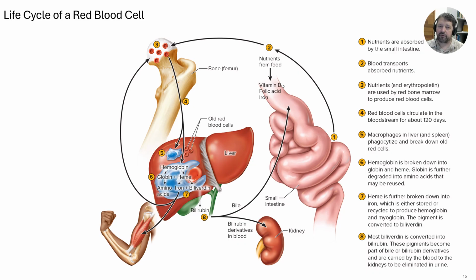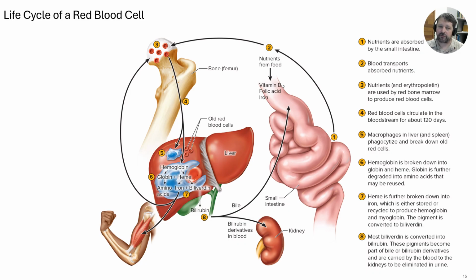When that red blood cell leaves the bone marrow, it's mature, it's an erythrocyte, and it's got about 120 days to live. It keeps going through the system, through the liver. When they become old, deteriorated, beat up, macrophages will consume them and break them down into hemoglobin, then break the hemoglobin into heme and globin.